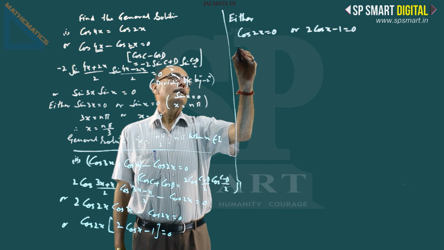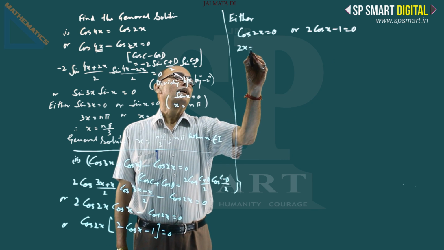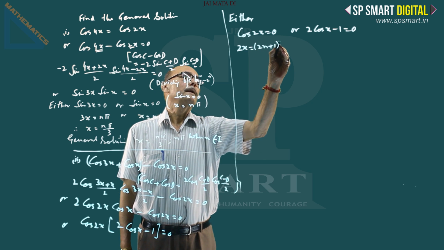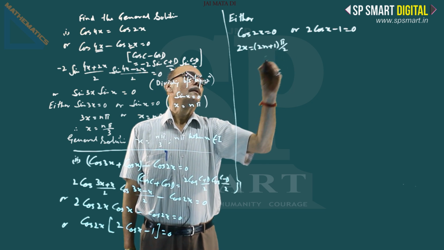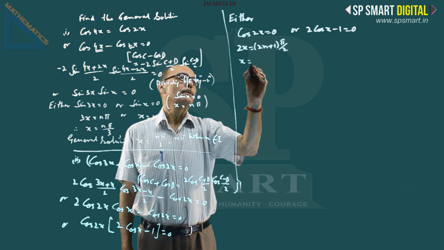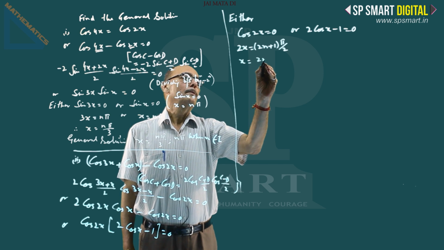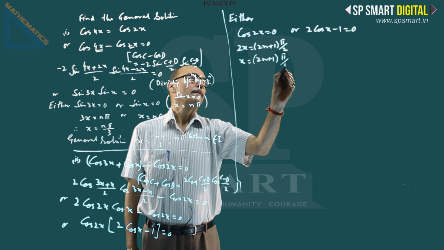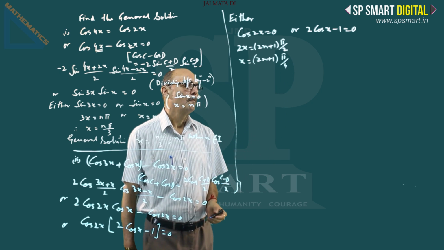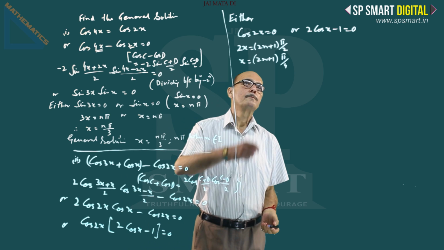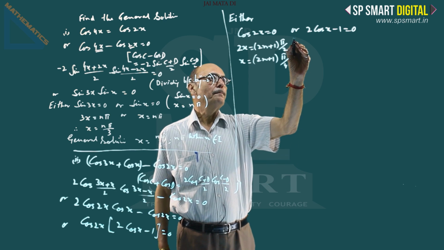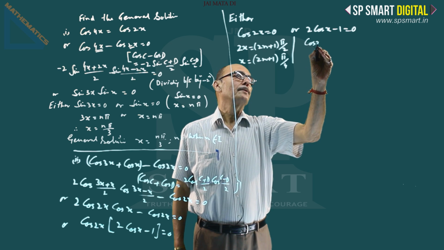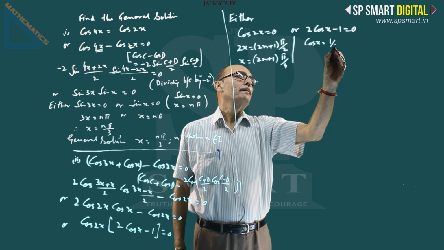So, this is 2x equal to (2n plus 1) into pi by 2 and x equal to (2n plus 1) pi by 4. One answer is this. If you take up the other equation, we have cos of x equal to 1 by 2.